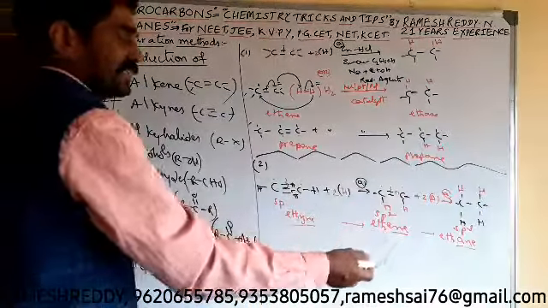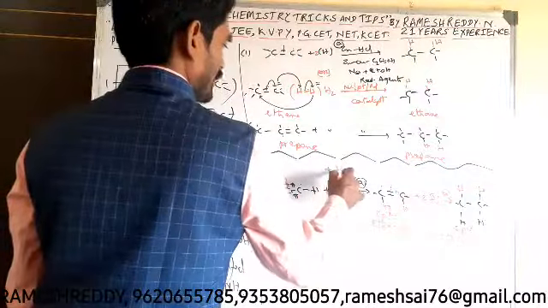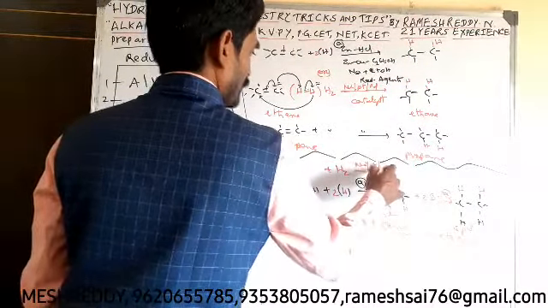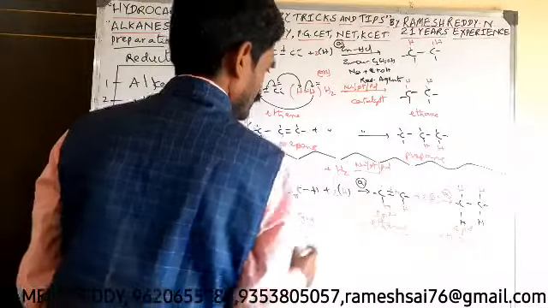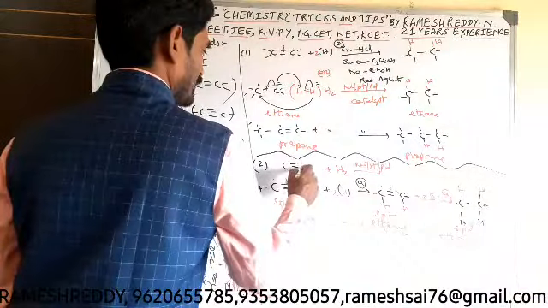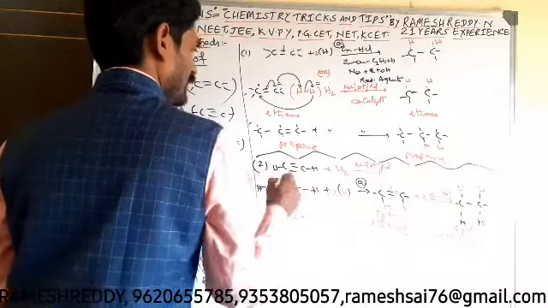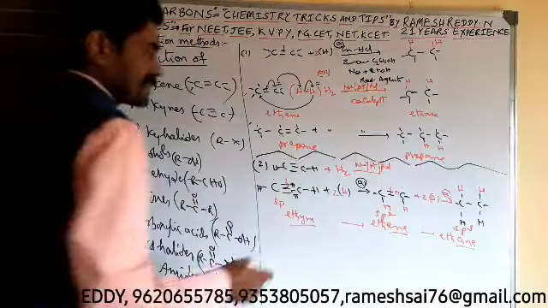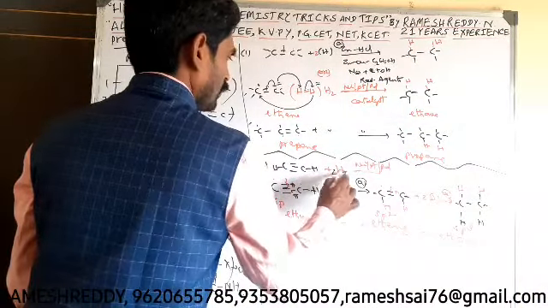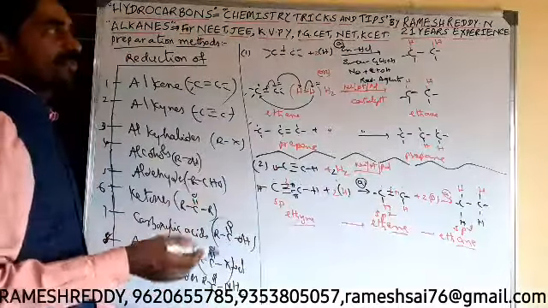First ethene, next ethane. Or if you supply H2 gas in the presence of nickel or platinum or palladium catalyst, then the same thing happens here also. Here you have to use 2 moles of H2 gas. Here 1 pi bond is replaced by 2 sigma bonds.